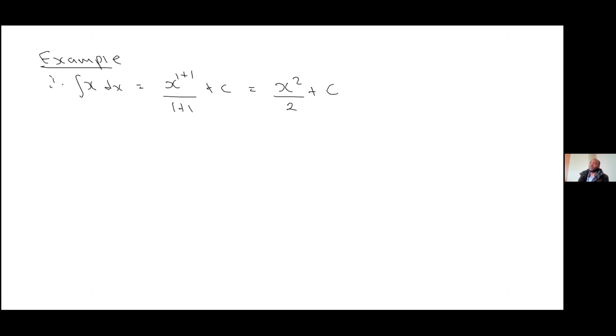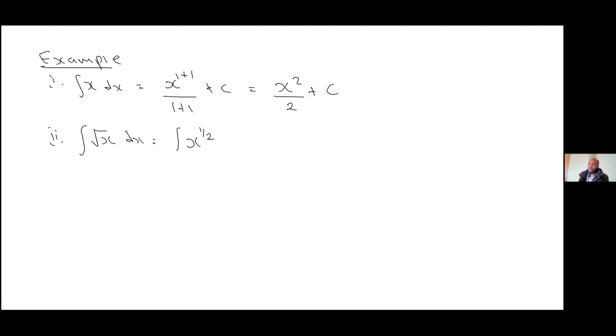Number 2, let's assume we're told to integrate the square root of x with respect to x. We have to first convert this to index form. So we're integrating x raised to the power half.